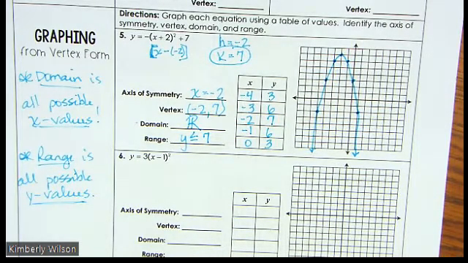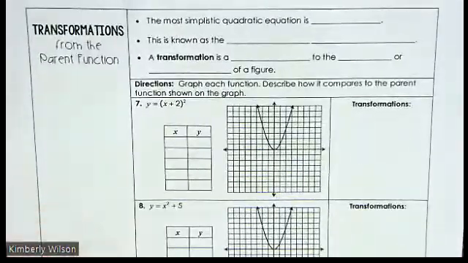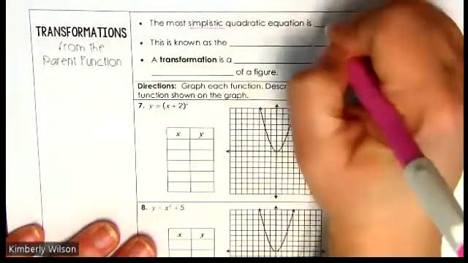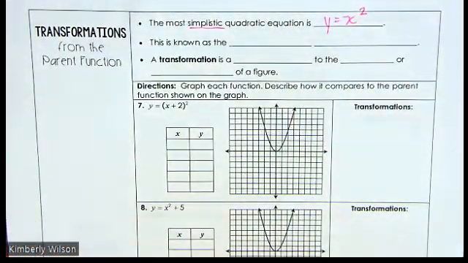Okay, now we're going to talk about transformations. Next page. So we're going to define some things first, so we can understand what's going on. So here we go. The simplest quadratic is y equals x squared, and then everything changes from that.